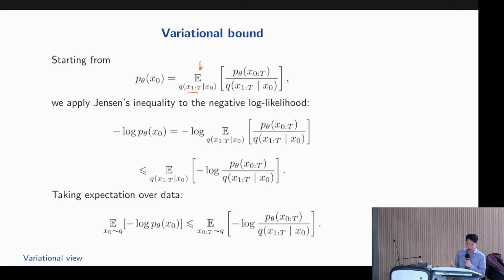And as usual, I'm going to once again apply Jensen's inequality to the negative log likelihood. So apply negative log here. And this is from Jensen's inequality. So its negative log likelihood is upper bounded by expectation of the Q distribution of negative log ratio of the joint and the Q distribution.